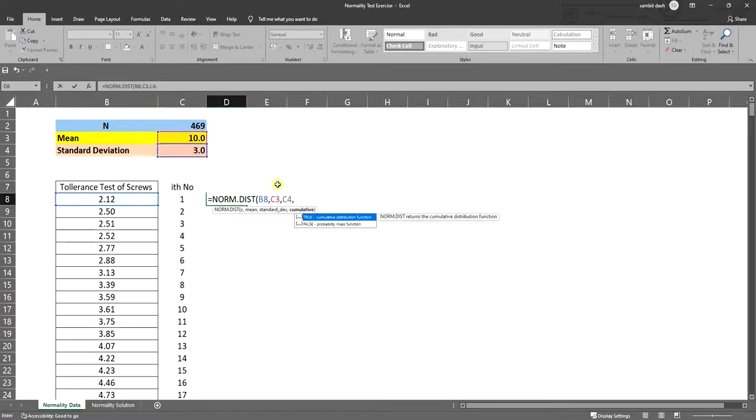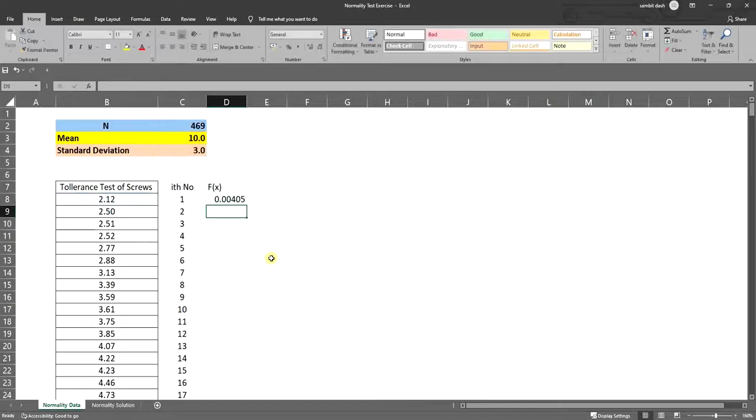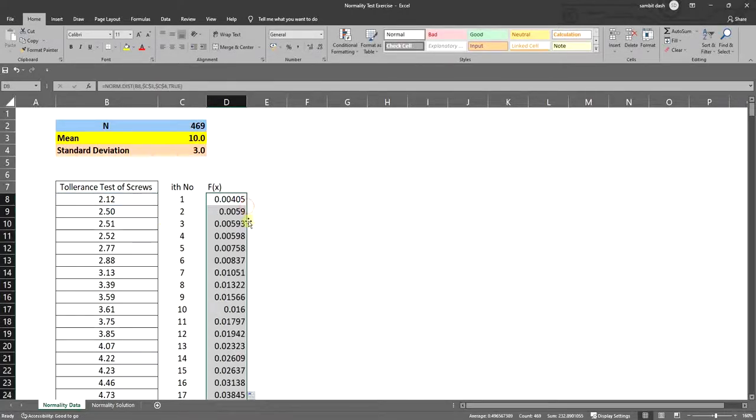There are two options, cumulative distribution function and probability mass function. Select the cumulative distribution here, and true. So this is the normal distribution value for the corresponding number. We'll freeze all this and calculate it automatically.